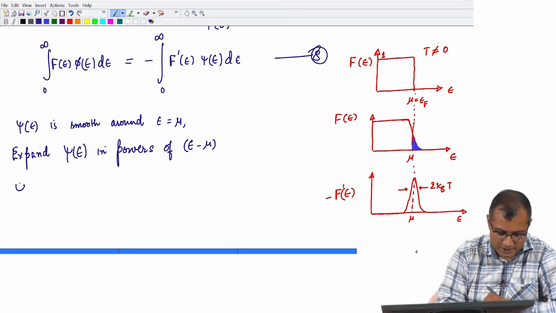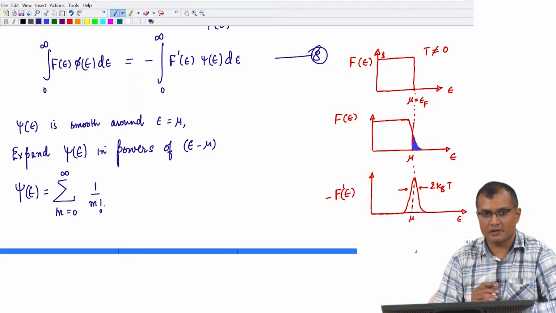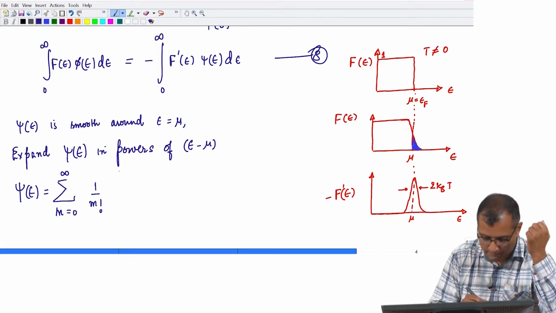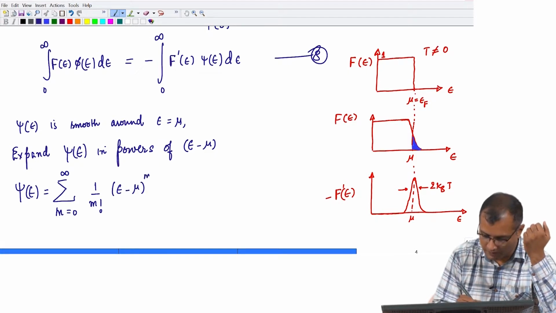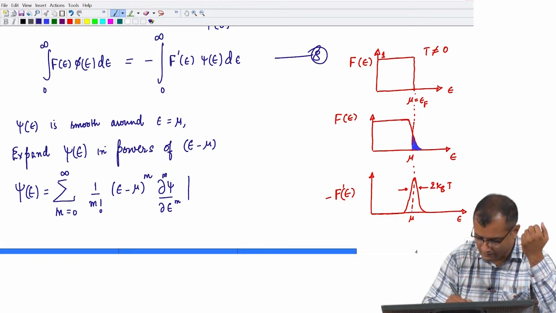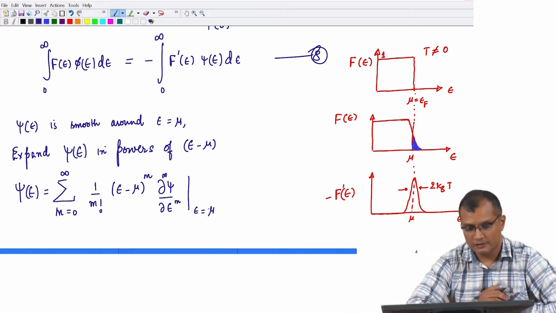So, I can write psi of E as a summation, it is like a Taylor series, m going from 0 to infinity, 1 upon m factorial, just a Taylor expansion of psi around E equals mu. You can write E minus mu to the power m into the mth derivative of psi with respect to E at E equals mu. This is the Taylor expansion.